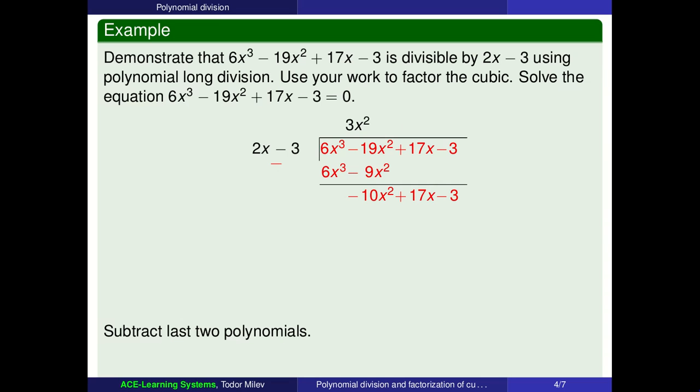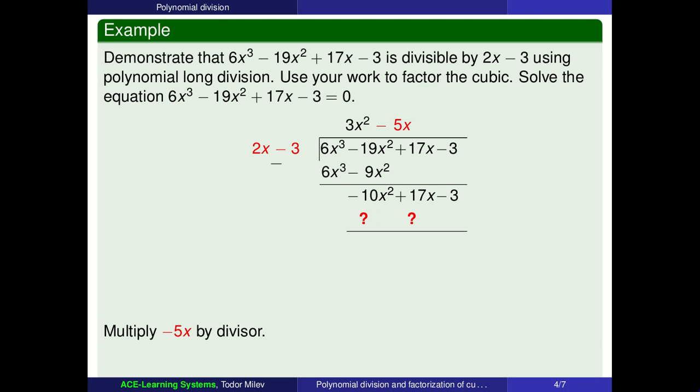Next, we got our intermediate dividend, minus 10x squared plus 17x minus 3. We identified the highest order term in the intermediate dividend, that is minus 10x squared, and we divide it by the highest order term in the divisor. Minus 10x squared divided by 2x equals negative 5x. Next, multiply negative 5x by 2x minus 3.